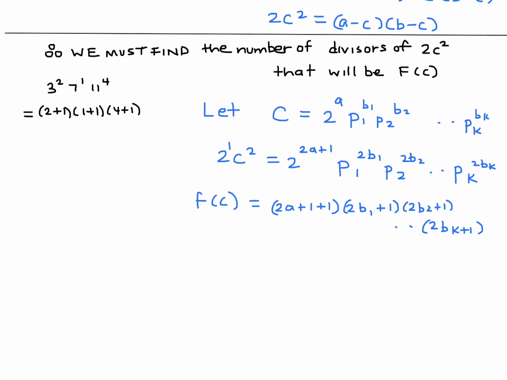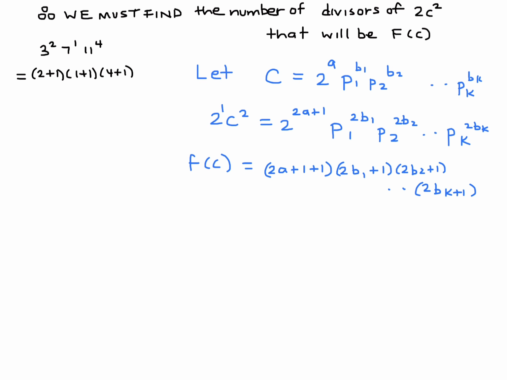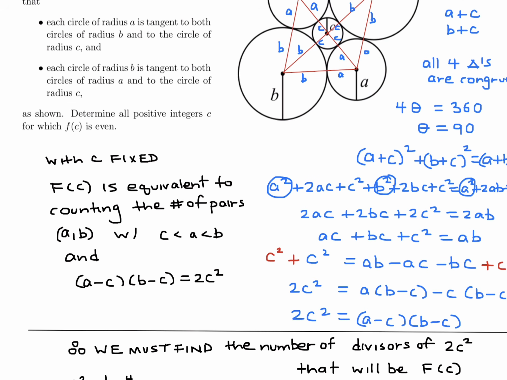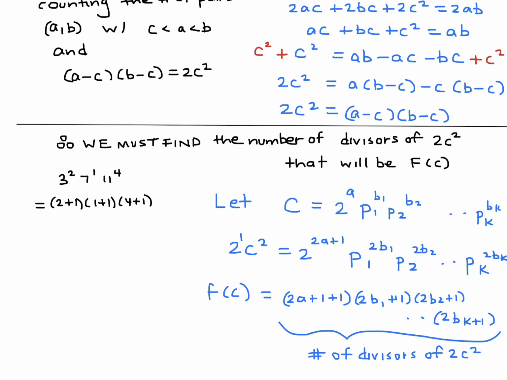Now, we want this to be even. This represents the number of divisors of 2c squared. And we want it to be even. That's what the question is saying, right? Determine all positive integers c for which f at c is even. So we want f at c to be even.